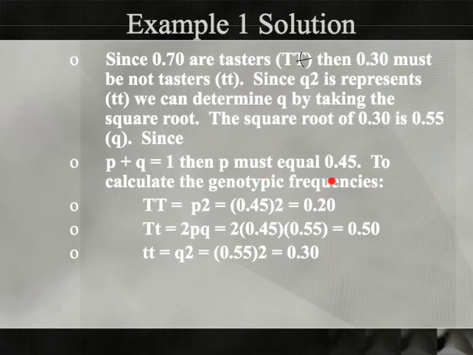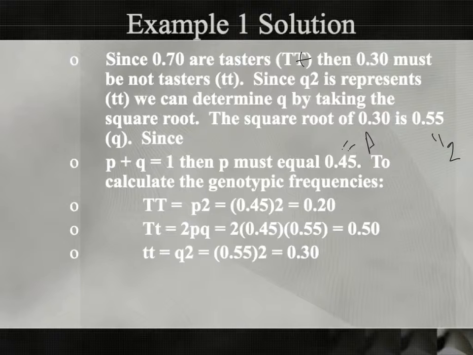So then p must equal 0.45, because if we rearrange this formula here, we will get p, taking this number 0.55. So 0.55 plus 0.45 equals 1. So again, this 0.55 equals q, and this 0.45 equals p.